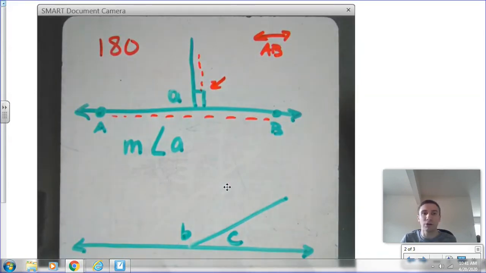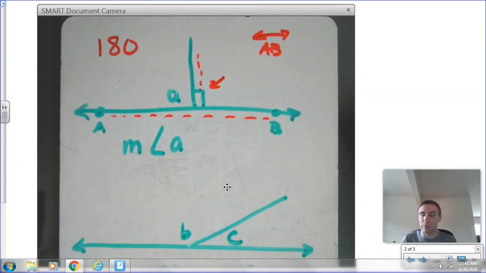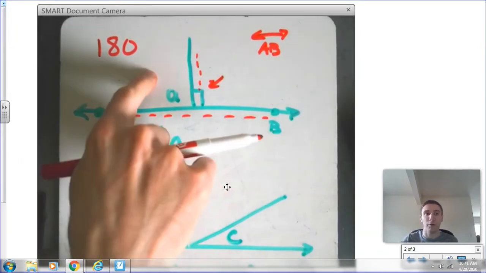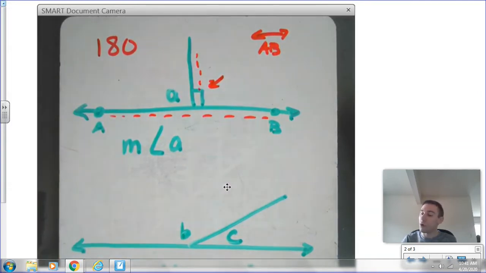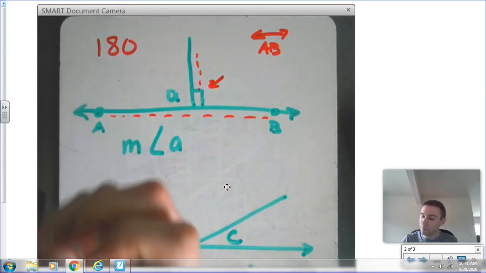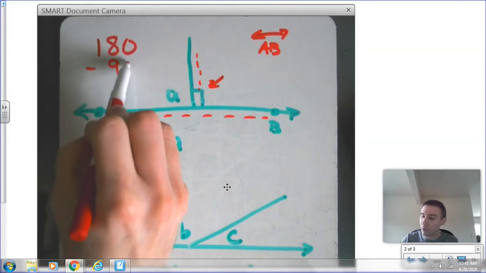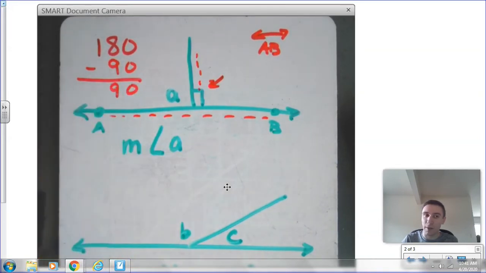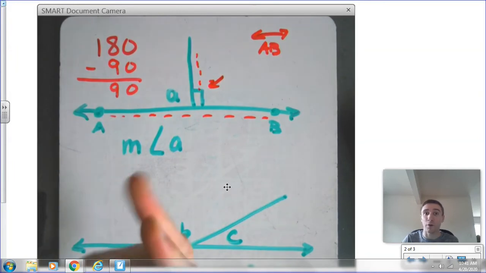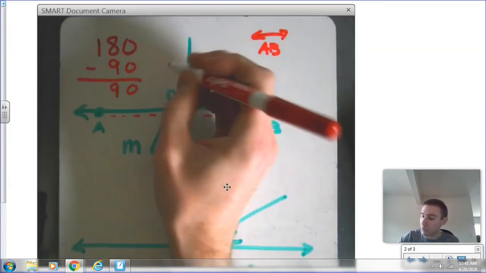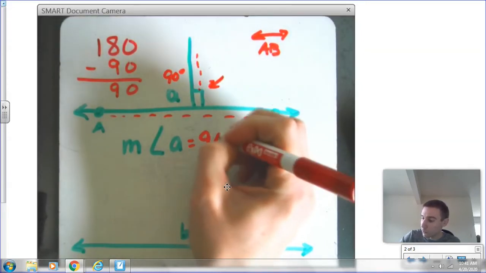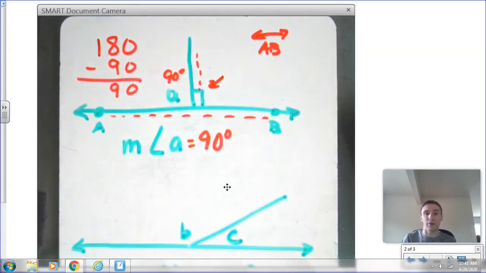If I know how many degrees are in a right angle, this will make my problem a little bit easier because I have a whole, I can take away the part and figure out the other part. So in a right angle, there are 90 degrees, and then I'll subtract, and I'll find that angle A, what's left over, there's only 90 degrees. So this is 90 degrees here, so the measure of angle A equals 90 degrees.